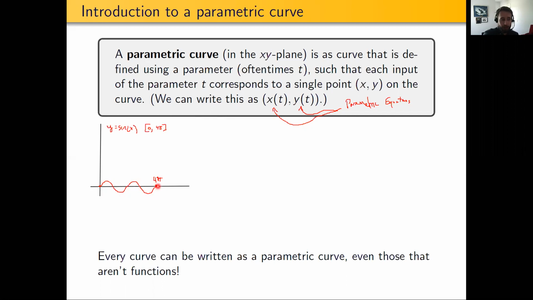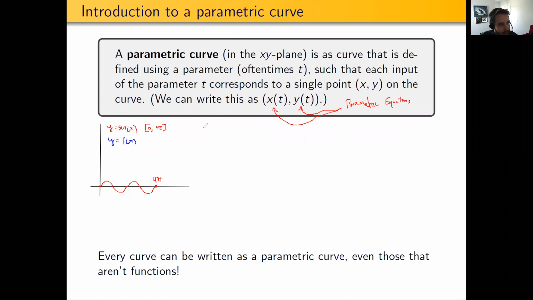So what I can often do is explicitly identify what my x of t and my y of t are, and that will give me the parametric equations, and that will help me describe this parametric curve. And there's a really slick way that we can do this for functions, right? So functions that can be written in the form y equals f of x. Here it was y equals sine of x, but more generally, we can think about functions of y equals f of x. And for those curves, I can parameterize that curve by constructing a function x of t comma y of t as follows.